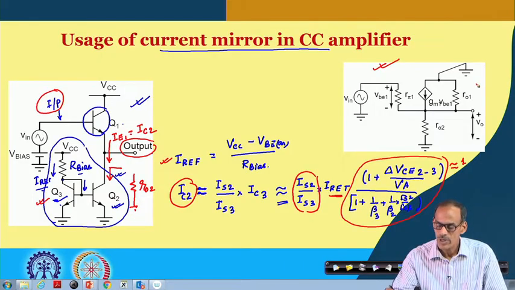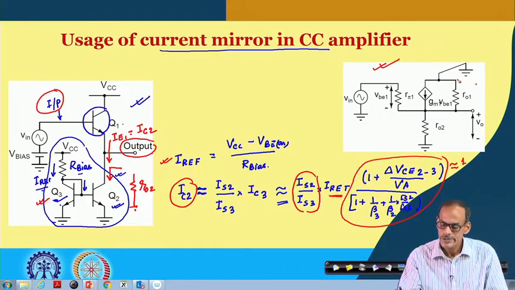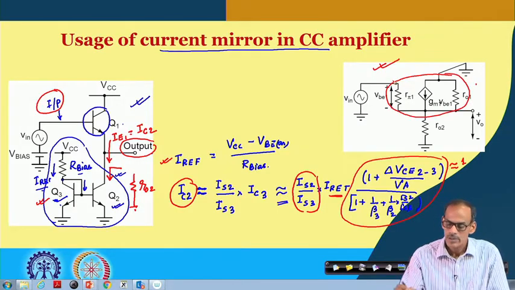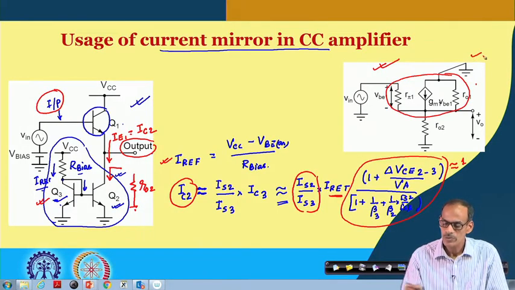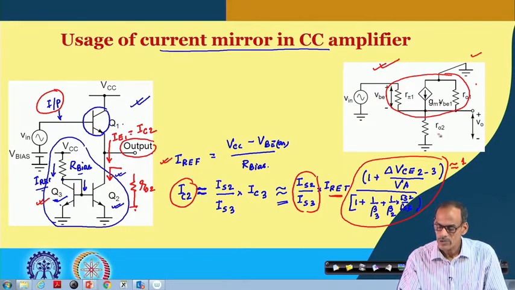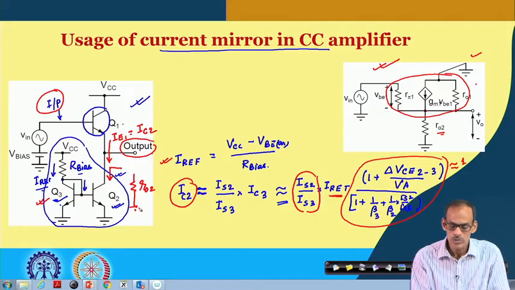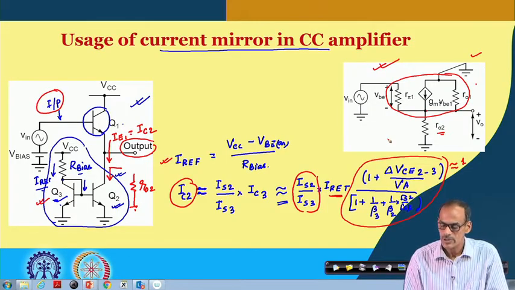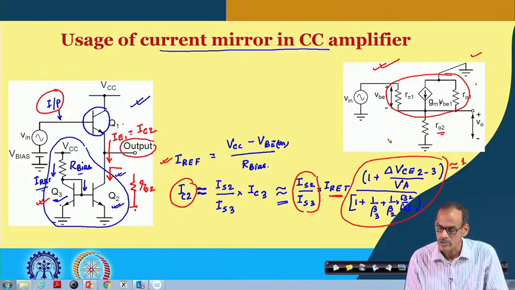So, that is what we have here. This is the model of transistor 1, the collector is connected to VCC, which is AC ground, and at the emitter we have RO2. The rest of it is not carrying any signal, so that can be dropped.